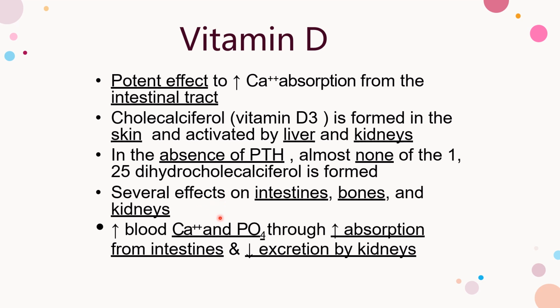It has several effects on intestine, bone, and kidneys. It increases blood calcium and phosphate through increased absorption from intestine and decreased excretion by kidneys. So vitamin D helps in the maintenance of calcium and phosphate homeostasis.